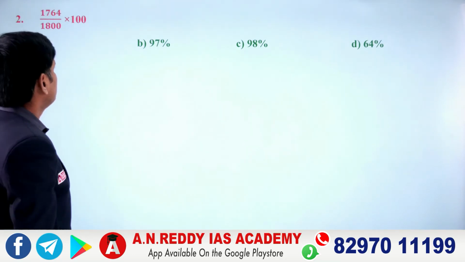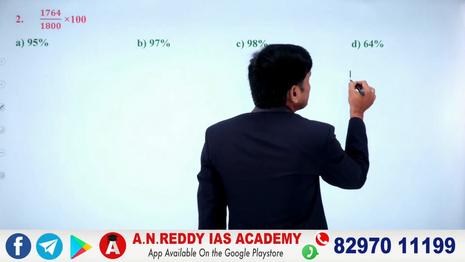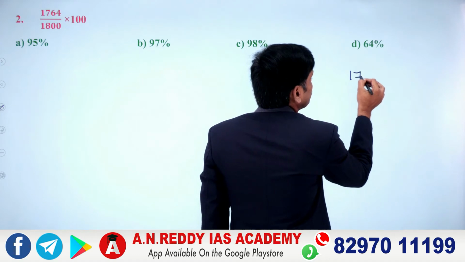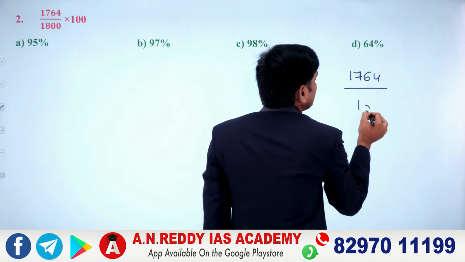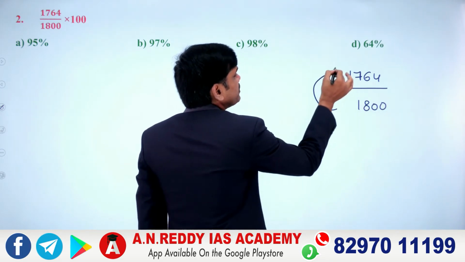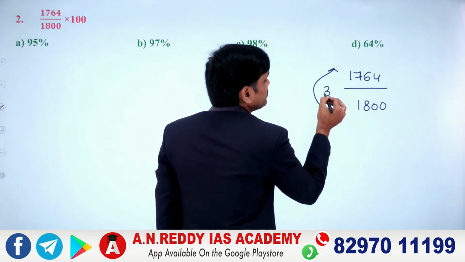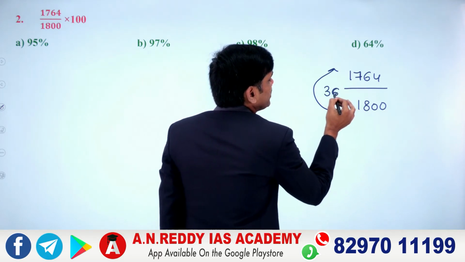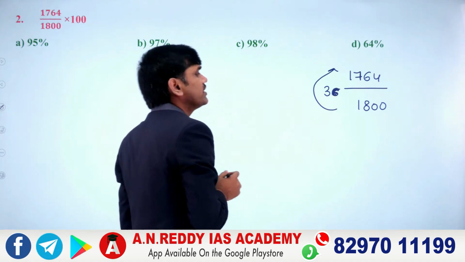1764 is what percent of 1800? So we have to find this. 1764 is what percent of 1800? How much should I remove to reach 1764? As it is nearer to this, I will go in reverse order. I have to go back by how much? 36. 36 is what I have to go back.